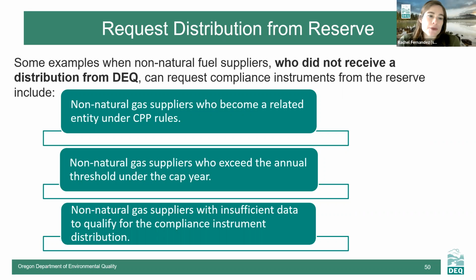A couple of scenarios we've laid out here: if they become a related entity under the CPP rules, if they exceed the annual threshold under the cap year, or if they have insufficient data to qualify for a compliance instrument distribution, that is, 3 years of data.